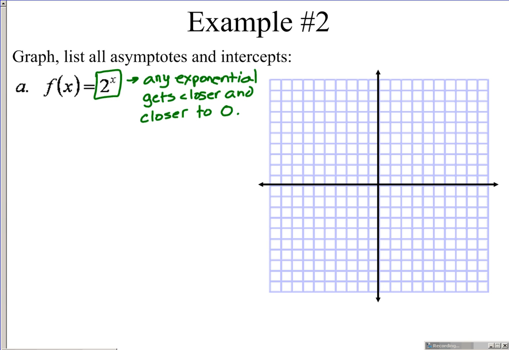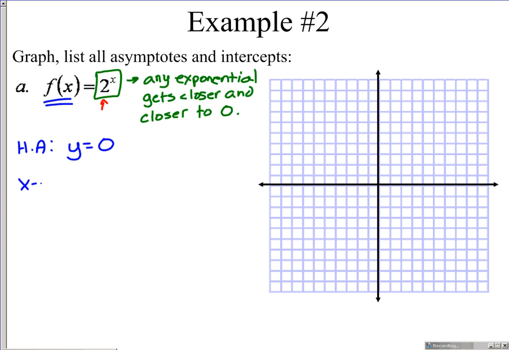It will never get to 0, and that's the idea of the asymptote line. Okay, a line that a graph approaches but never touches. So in this case, we do have an asymptote line. We know that this exponential right here all by itself is getting closer and closer and closer to 0, which means that y is getting closer to 0. That's an example of then a horizontal asymptote. So we have a horizontal asymptote at y equals 0.